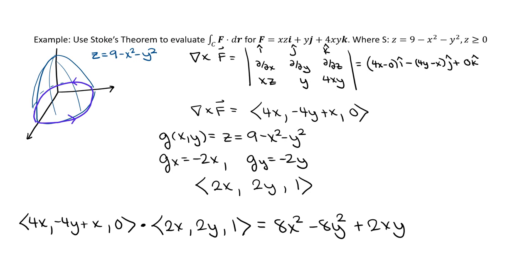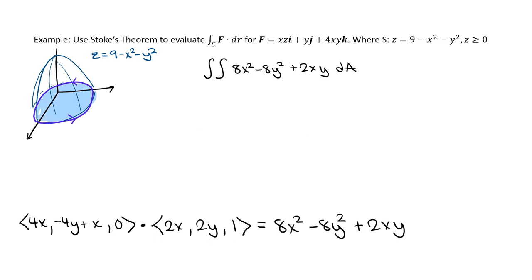So then we're going to take the dot product of our curl with our normal vector, multiplying the corresponding components, adding them together. I ended up getting 8x squared minus 8y squared plus 2xy. All right, so we are going to integrate, again, curl dotted with our normal vector, and we're going to integrate that over the projection of our surface in the xy plane.